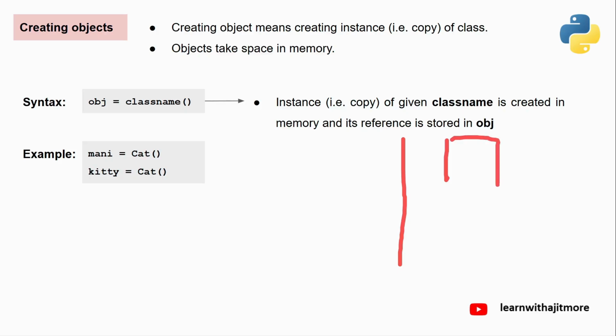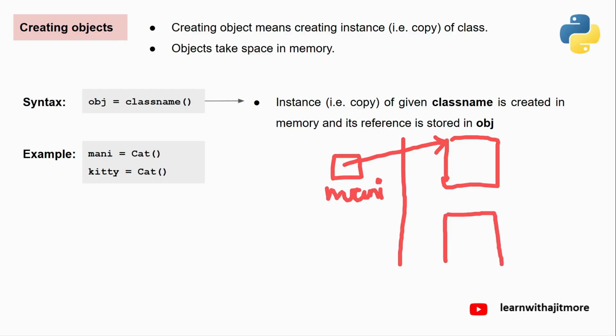So first copy created means as much memory as is needed for the cat is allocated. And then the reference of it is stored in your variable money. So money is a variable which is holding the reference of this whole object. So that is your object. That reference variable only we call an object. Then one more copy is created, right? And its reference is stored in another variable, kitty.